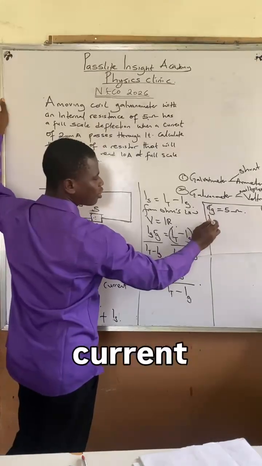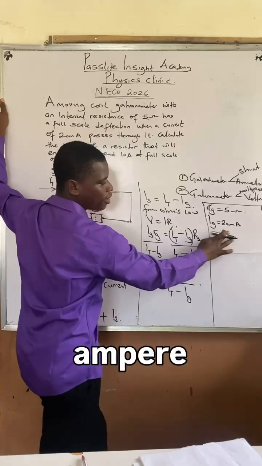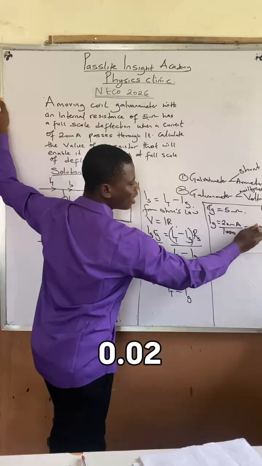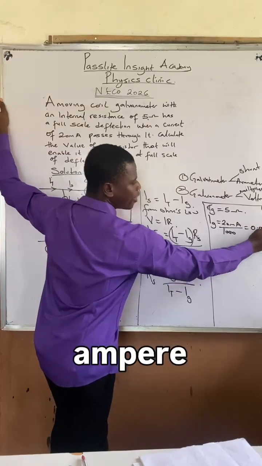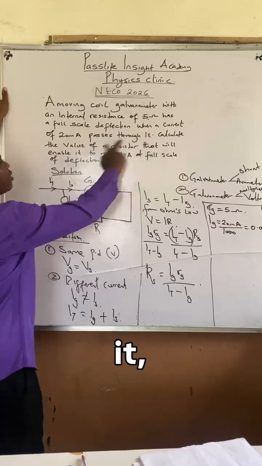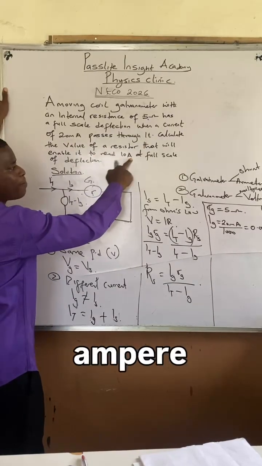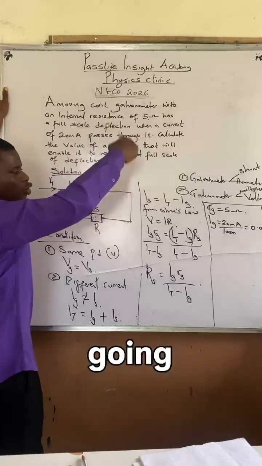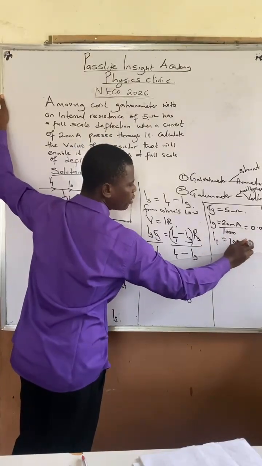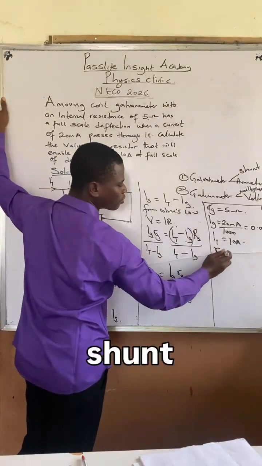So the current of the galvanometer is 20 milliampere. Convert to ampere: milli means divided by 1000, so that is 0.02 ampere. Calculate the value of the resistor that will enable it to read 10 ampere. The I total is 10 ampere. So we are looking for the resistance of the shunt.